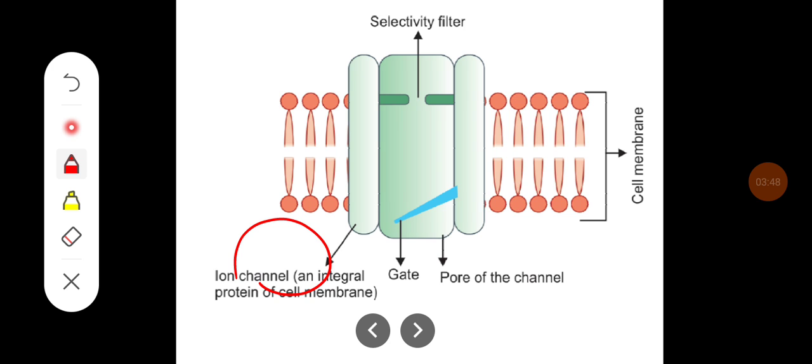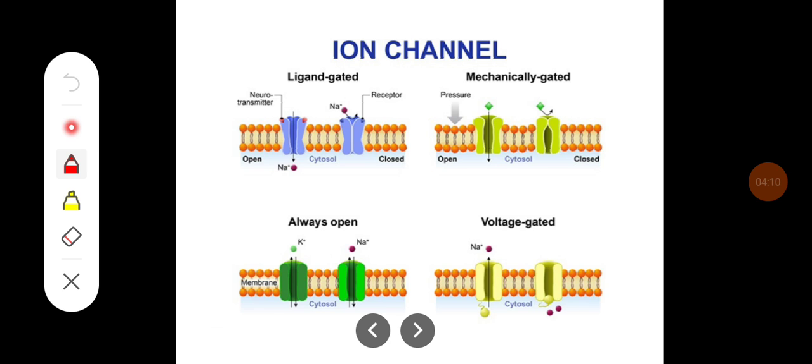Okay, so which is showing the integral membrane protein in a bilipid layer. So this is showing the gate which is going to open when the channel gets activated, and this is a selectivity filter which is going to open to specific ions. So these are the different ion channels that we'll discuss.